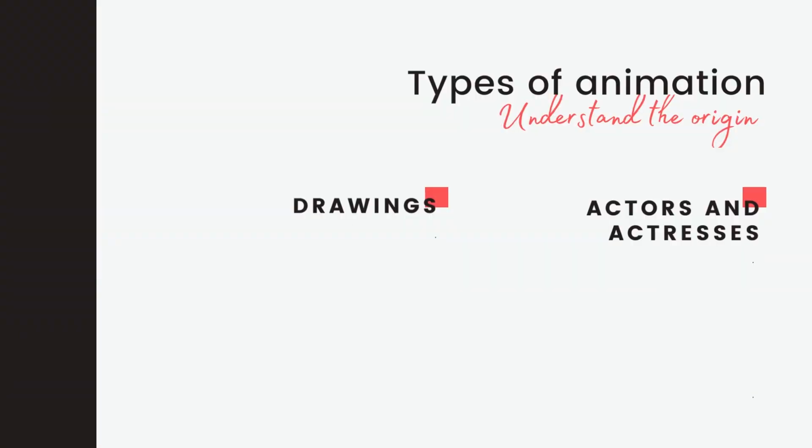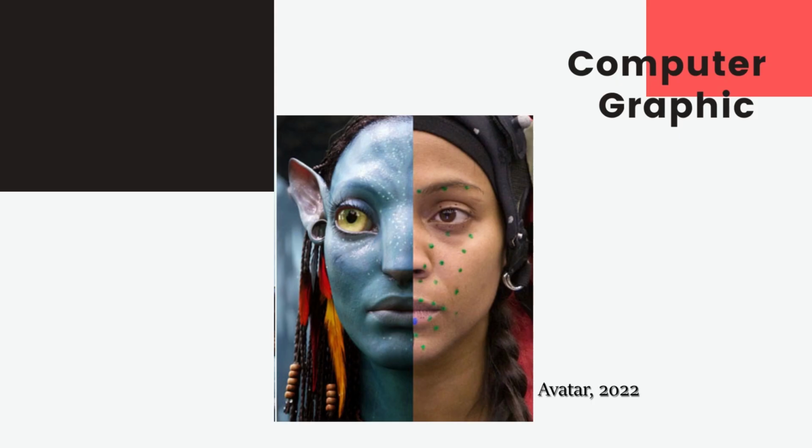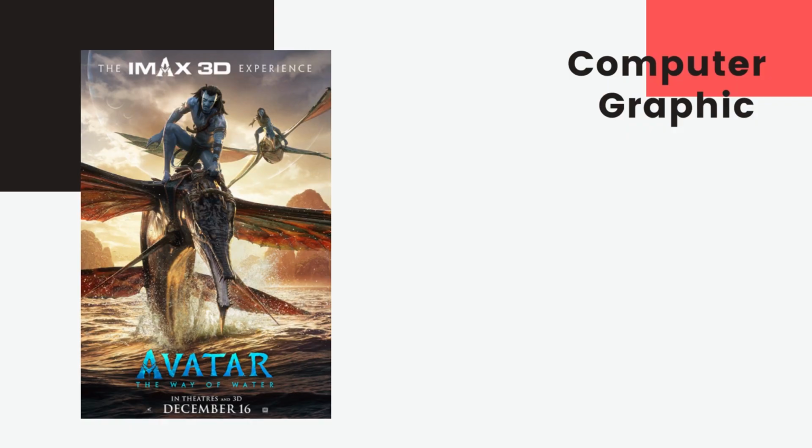But when we are talking about very expensive and very professional movies, we are talking about computer graphics, and we may have a very special work here. A good example is Avatar, because here, okay, they have that equipment, they have points, and they transform a face into a very special and unique character.